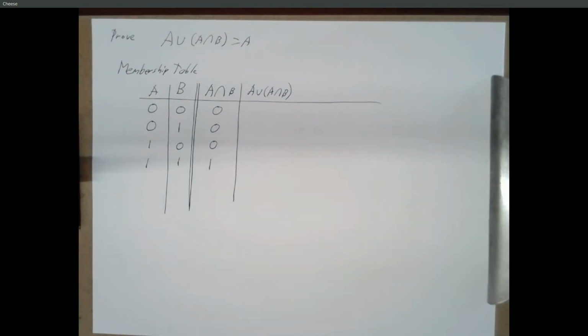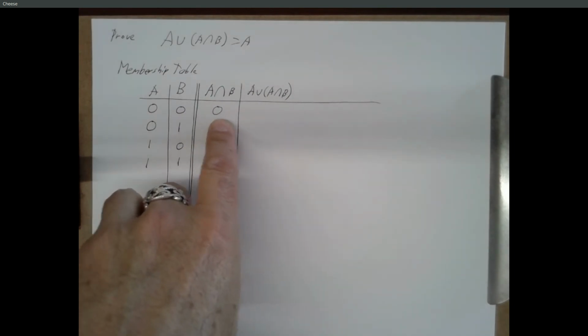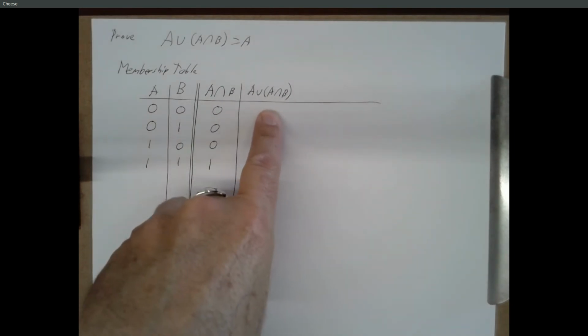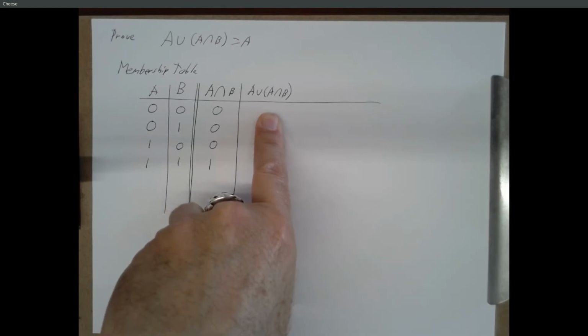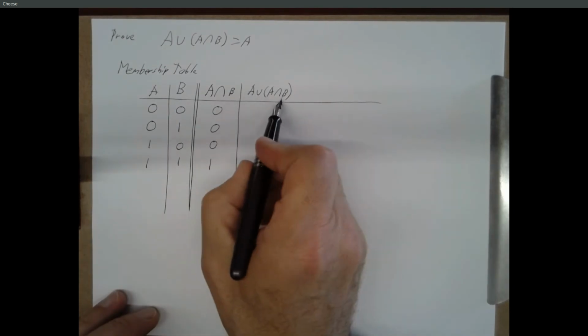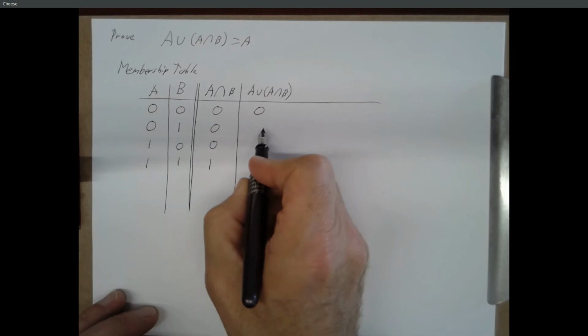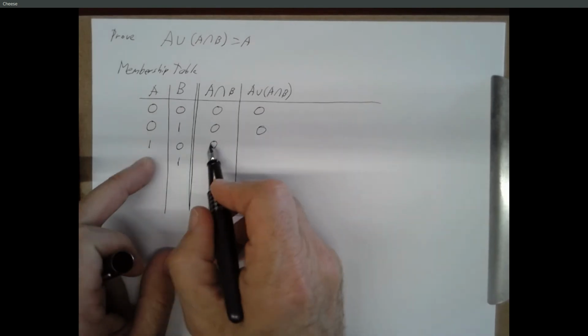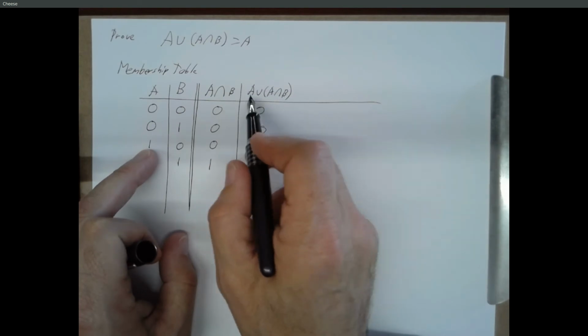Okay, now pick some element. It's not a member of A, it's not a member of the intersection. Is it a member of A union that intersection? It's not in this thing and it's not in that thing. Can it be in the union? No. It's in A, but it's not in the intersection. But it's in A. Is it going to be in the union of those?